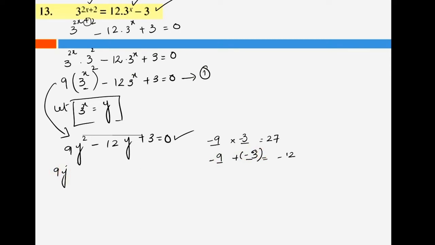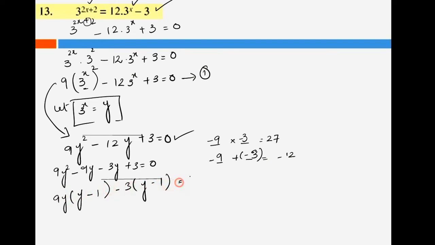So 9y square minus 9y minus 3y plus 3 is equal to 0. Taking 9y common, it will be 9y into y minus 1, minus 3 is common, y minus 1. Y minus 1 is common and 9y minus 3 is there.